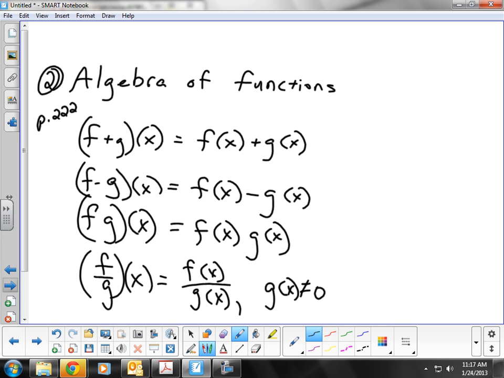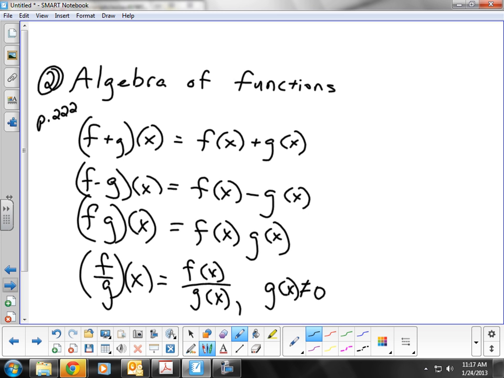They're going to always ask you about the domain on a division problem because you put a restriction on it. It can't possibly be all real numbers if it's a function that's more than just a constant function. It's got even one letter in it. You just kept it from having all real numbers as its domain. Okay?